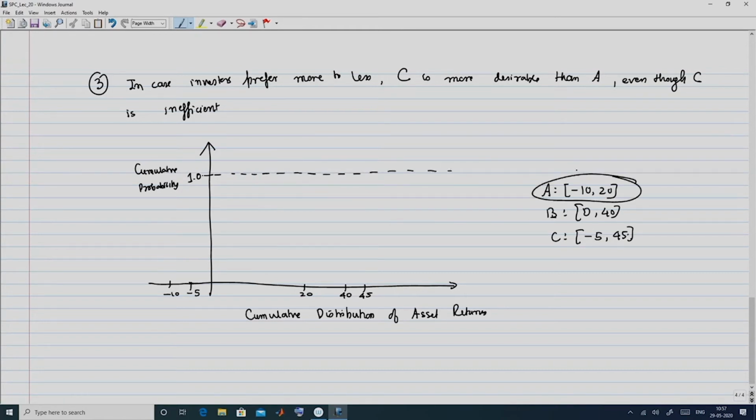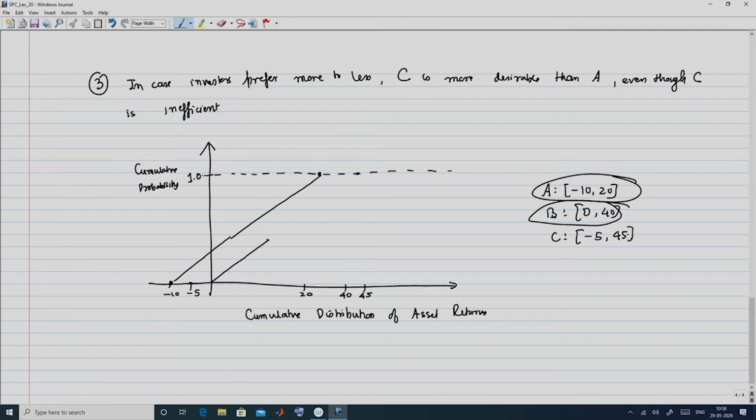So, for portfolio A, the cumulative probability will be this straight line from minus 10 all the way to 20. Now, in case of B, it goes from 0 to 40. So, the 40 is going to be here.